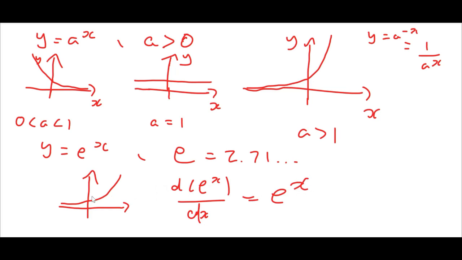So what's nice about this graph is that at any point the y value is equal to the gradient, which is a very nice property to have. Like I say, we'll see more of this function e to the x in some of the later videos.